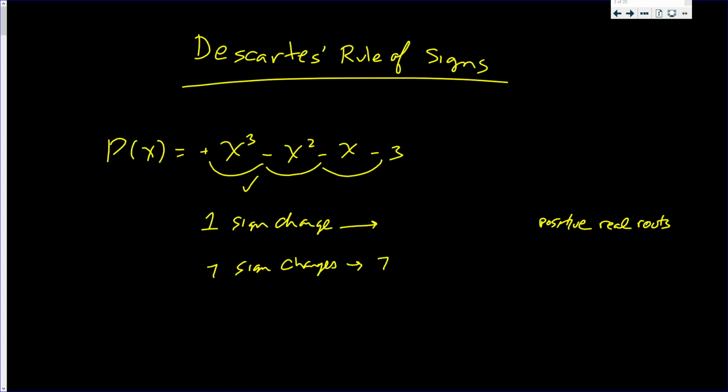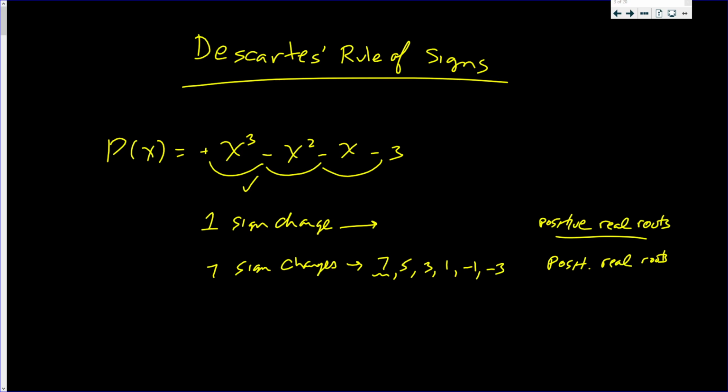Then there could be 7 positive real roots, or go down by 2. There can be 5 positive real roots, or 3 positive real roots. There can be 1 positive real root. There can be negative 1 positive real roots. There can be negative 3, etc.